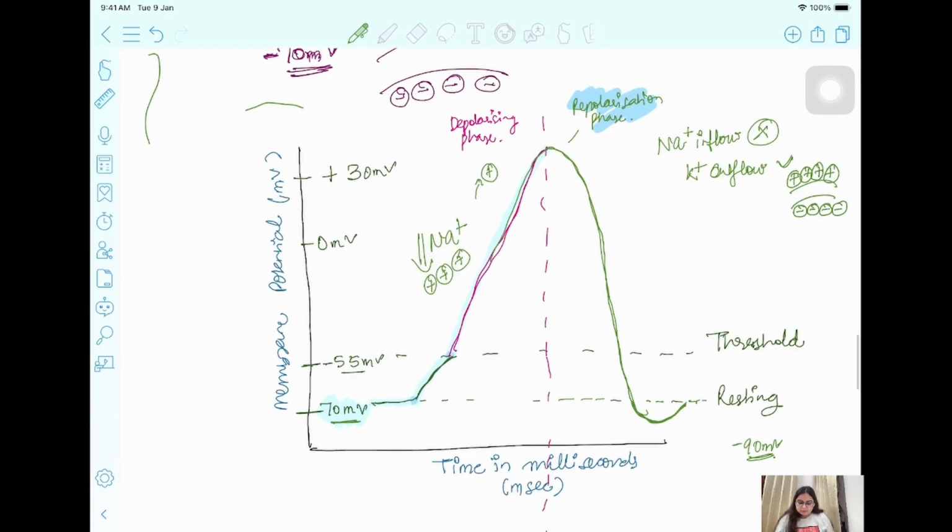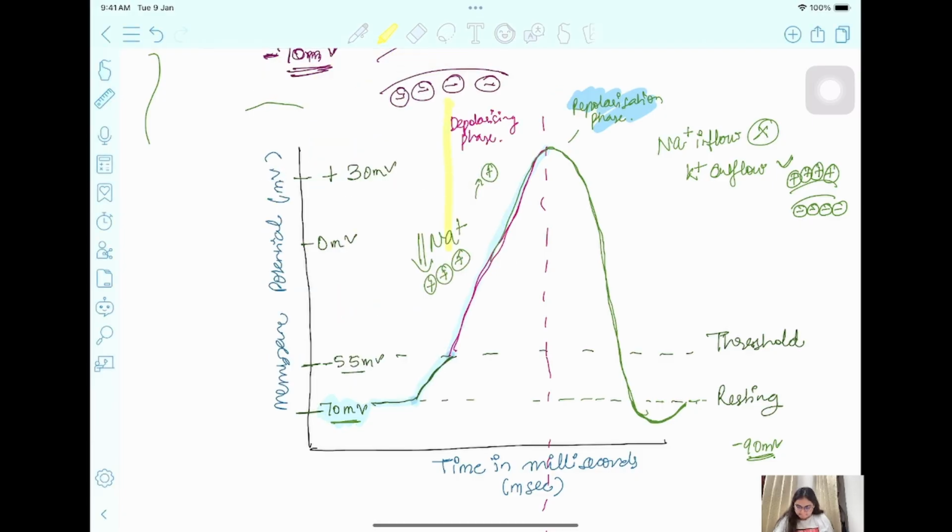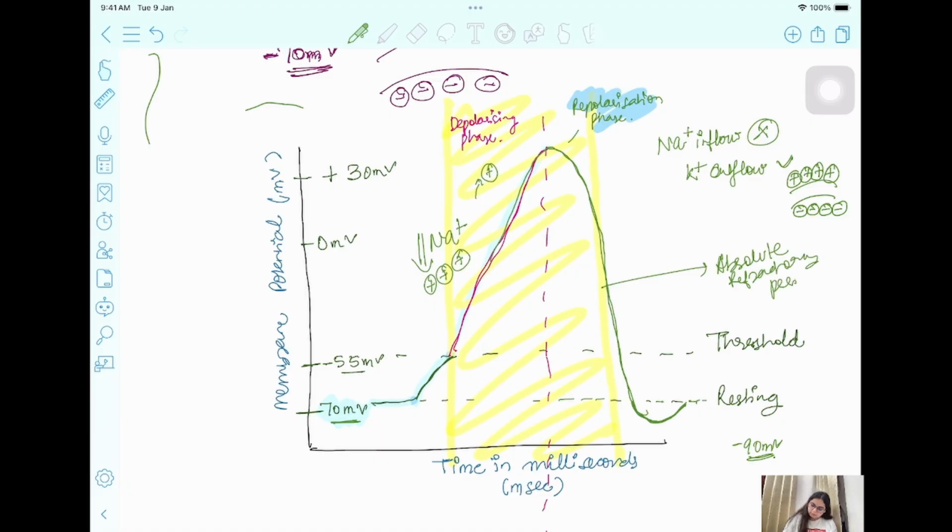Now, at this stage, if I mark this area with yellow, this is called the absolute refractory period, which means when the membrane is in the depolarizing and the repolarizing phase, there will be no other action potential that can be generated regardless of the intensity of the stimulus.